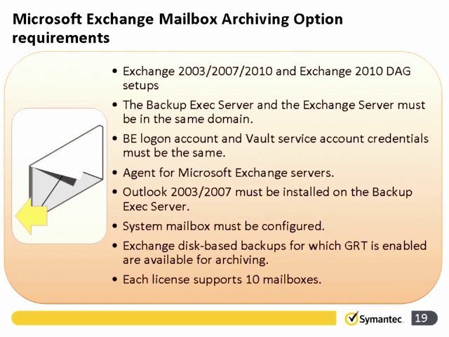And Outlook 2003 or 2007 must be installed on the Backup Exec server. This is used for indexing the emails that are being archived. The system mailbox has to be configured. Backup Exec needs that to back up Exchange anyway. And disk-based backups, which are GRT enabled, can still be archived. So if you're doing your regular backups as GRT-based backups, you can still archive from those backups.